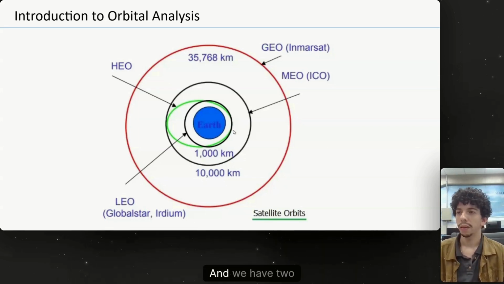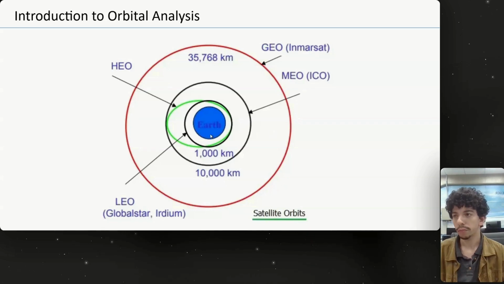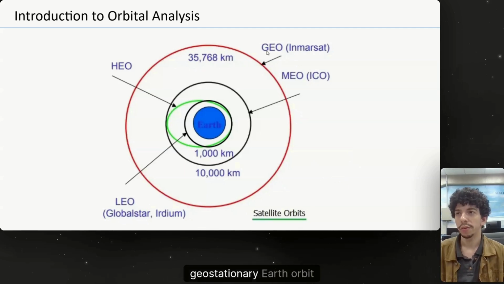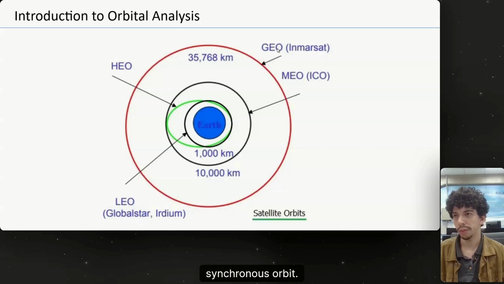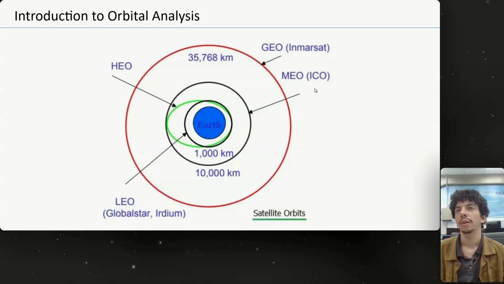And we have medium Earth orbit, or MEO, and GEO, or geostationary Earth orbit, or geosynchronous orbit. And these two orbits, GEO and MEO, are more useful for positioning systems, regional or global. Okay.